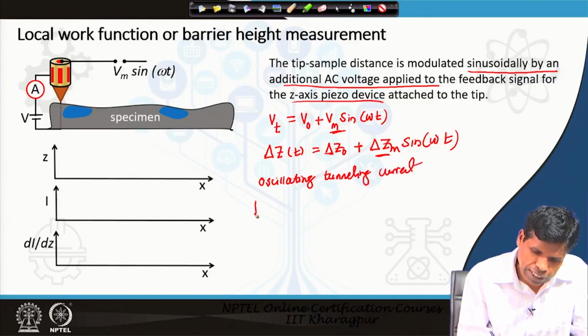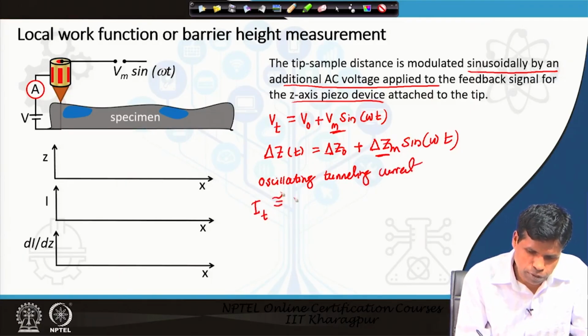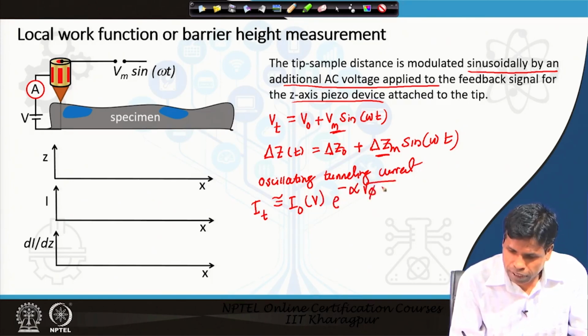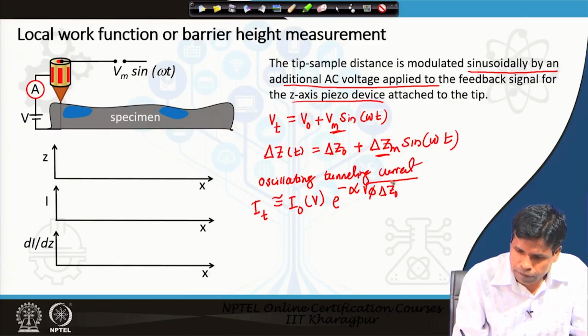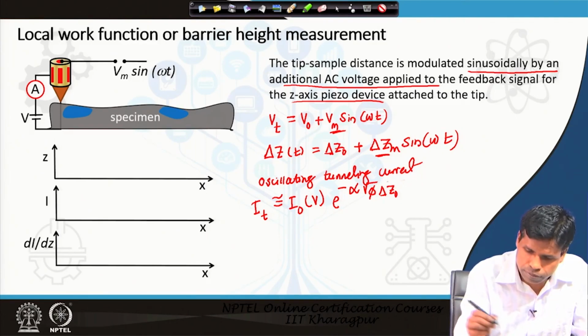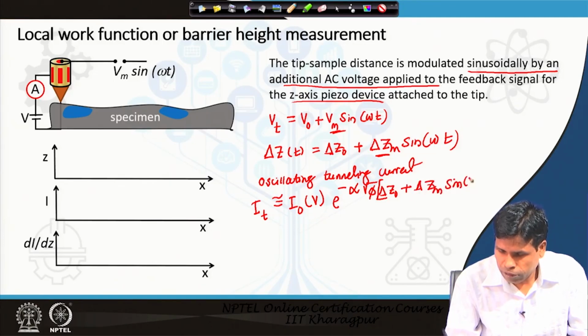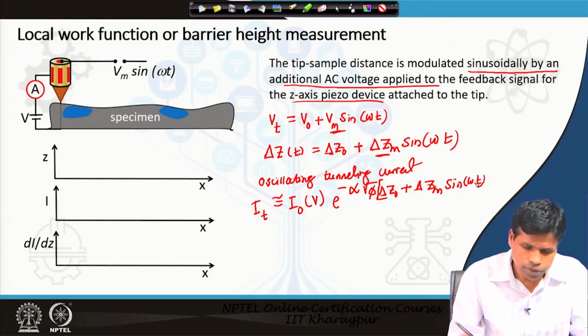which can be written as It, which is equivalent to I0 V e to the power minus alpha root phi, del z0 plus del zm sin omega t.